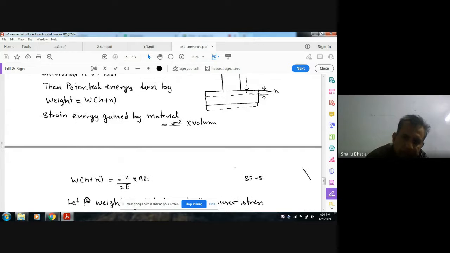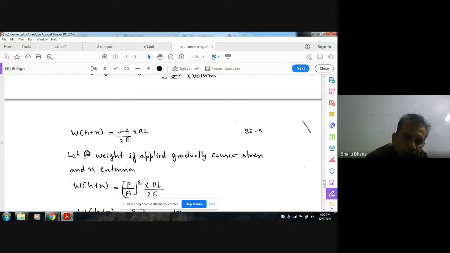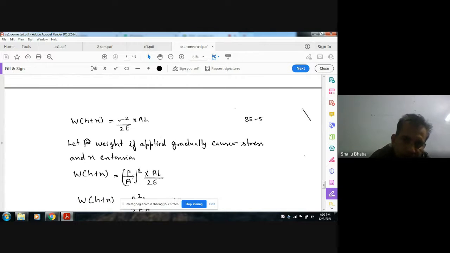Now if we assume that sigma is the stress caused by the load P, which is gradually applied, while W is suddenly applied, then the stress will be P by A. Now (P by A) square by 2E into A L is equal to W times h plus x.